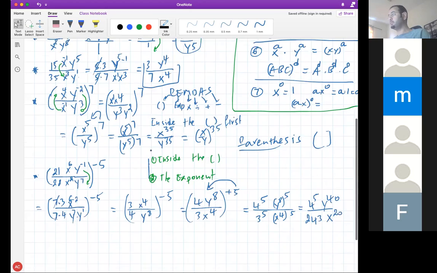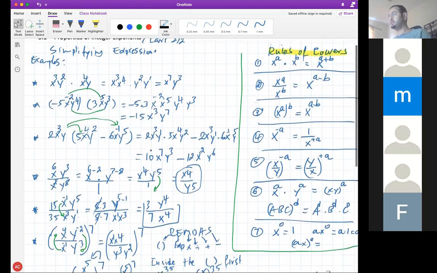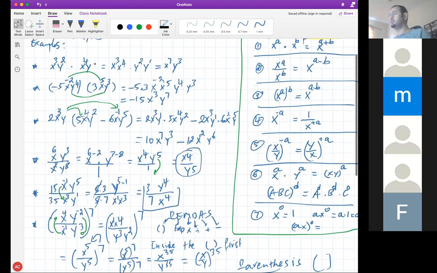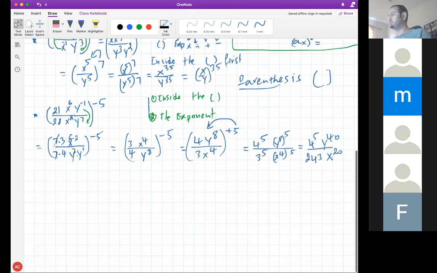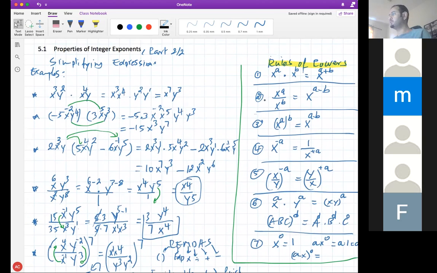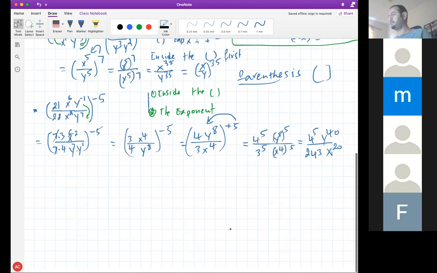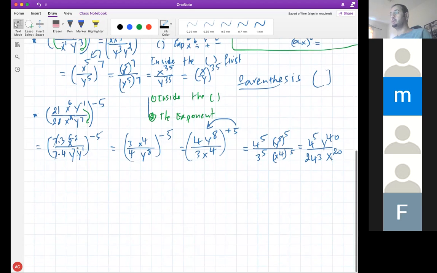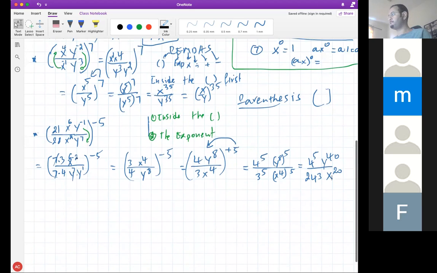That's basically how you simplify your expressions. It could be one step, one rule, or a bunch of rules and a few steps like this. In this example we used this rule, that one, this one, and this one. So we used all the rules to simplify that specific example.